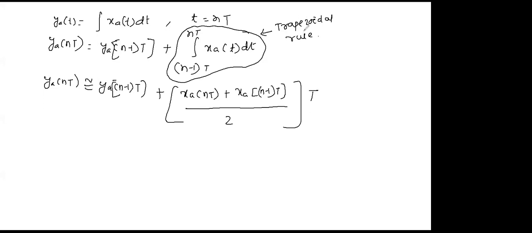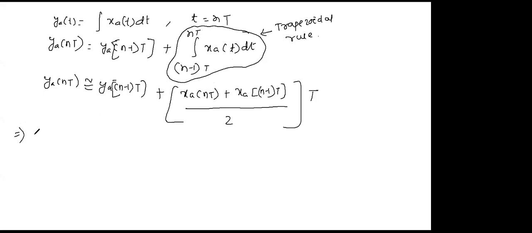It is fixed. By using this trapezoidal rule, we can convert this analog integration into the digital domain. It is very simple: just take the average of the highest value xa(nT) plus xa((n-1)T), the lowest value, divided by 2, which is the average of two values, and multiply with the sampling period T. This is the process.